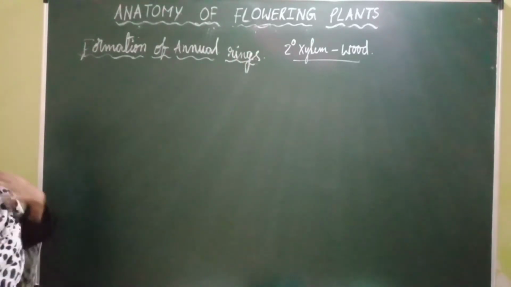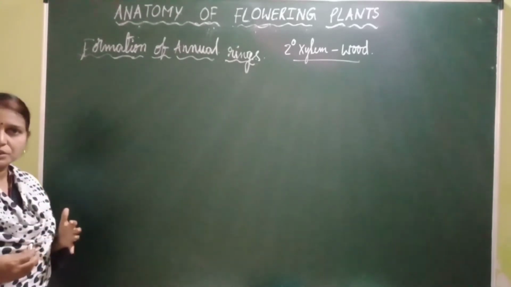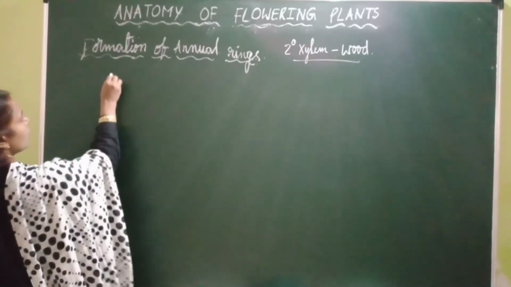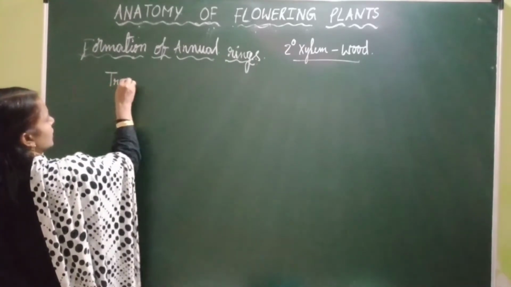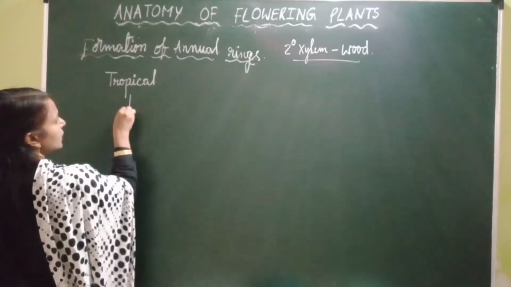Right. So actually what happens in the tropical regions, two types of regions are there, tropical regions and temperate regions, right? So in the tropical regions, the conditions are favorable for the growth of plants throughout the year.